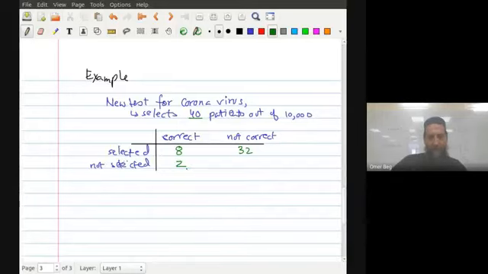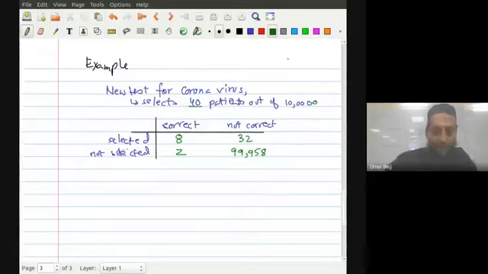There are 2 patients who were actually COVID positive, but the test says they are negative. And that leaves us with, I think in my example there are 100,000 patients, so that leaves us with 99,958. So 40 plus 2, and the sum of all these 4 cells would be 100,000.